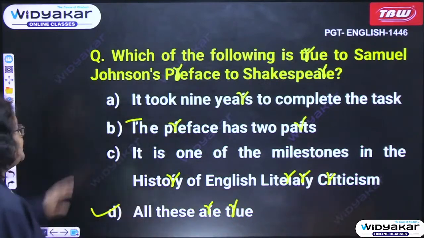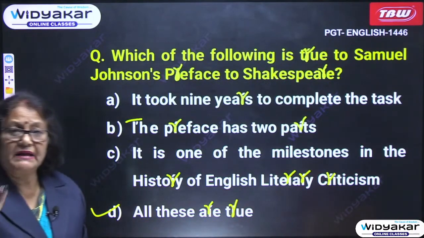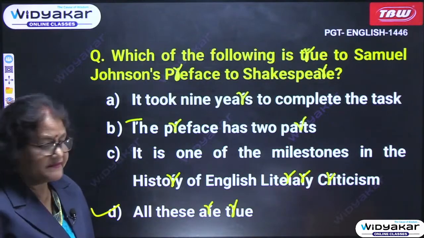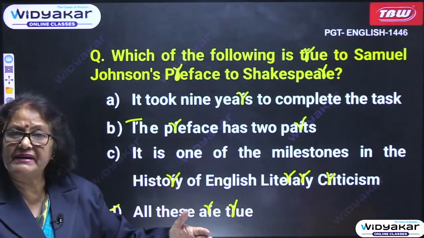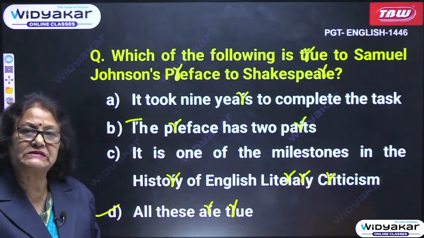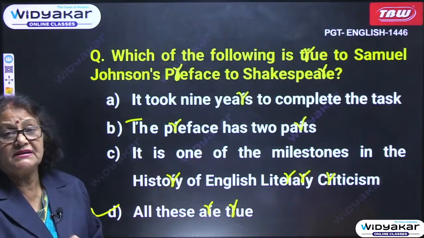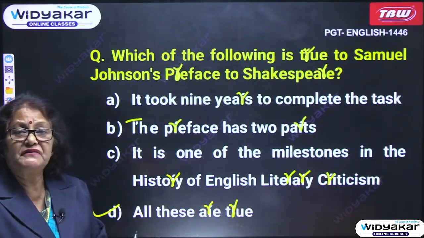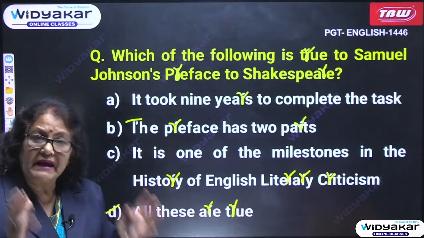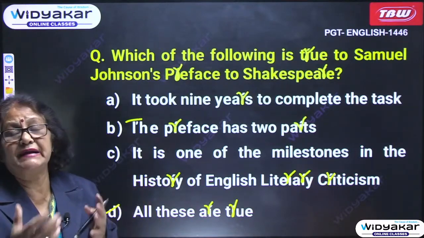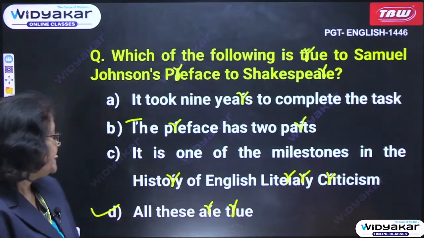Option D is the right answer because Johnson took 9 years for the entire preface. The preface has 2 parts. The first part is the merits and demerits of Shakespeare as an artist. The second part is the editorial tools which Johnson adopted to bring out the edition of Shakespeare.